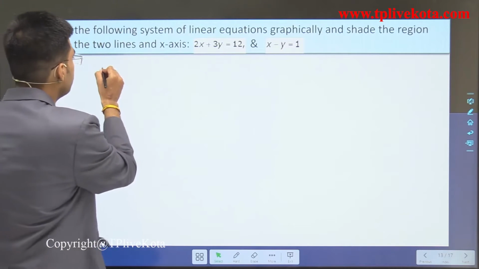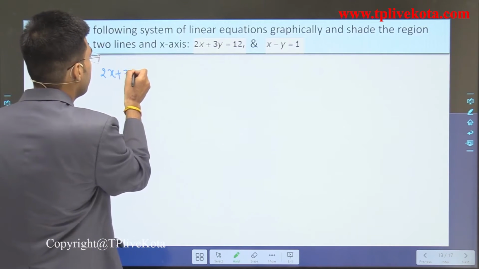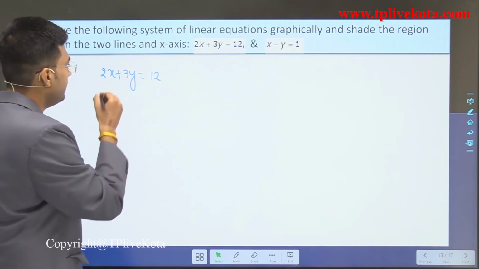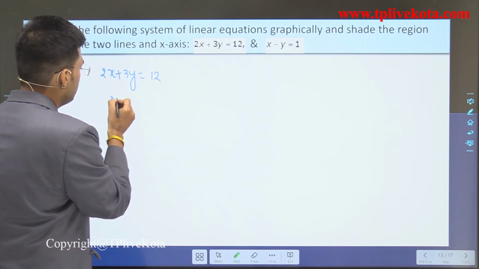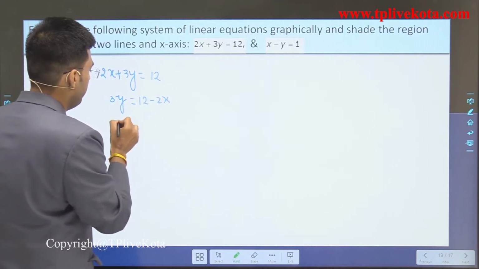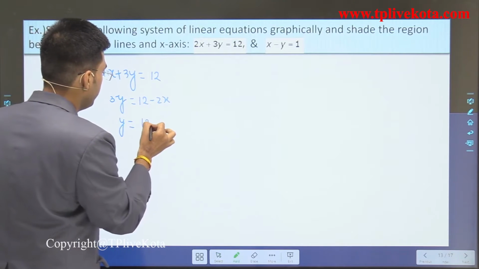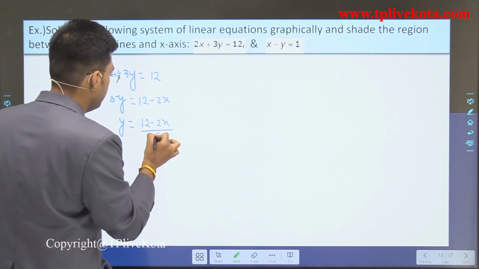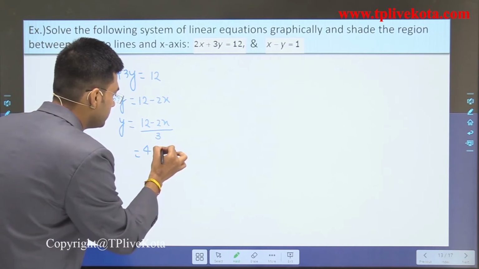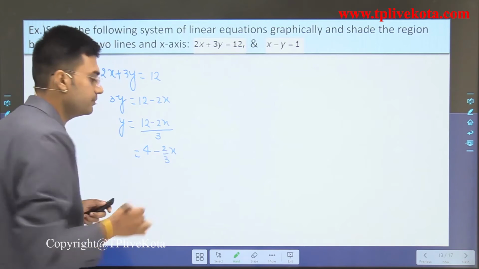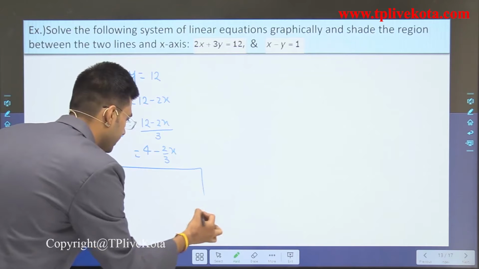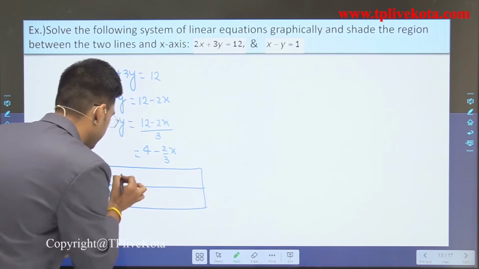The first equation is 2x plus 3y is equal to 12, and from here we can write 3y is equal to 12 minus 2x, or y is equal to (12 minus 2x) divided by 3, or we can write 4 minus 2 by 3 x. Clear? So now we can prepare the table for the values of x and y.